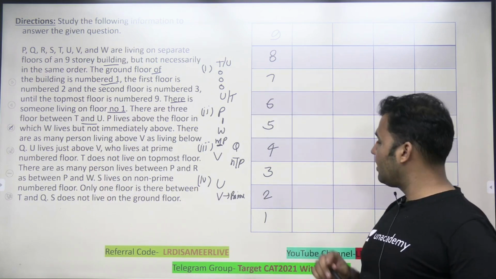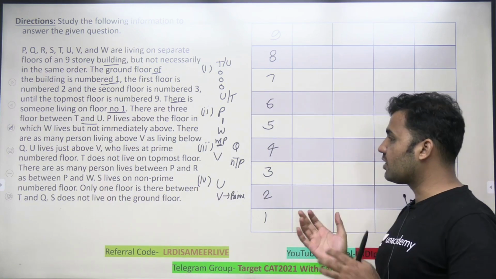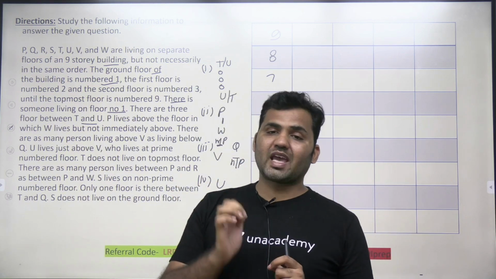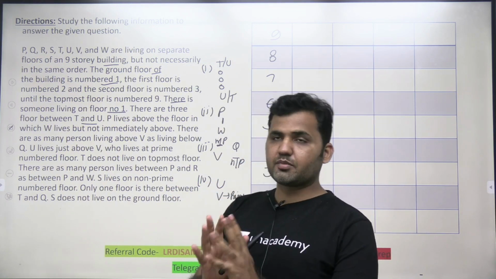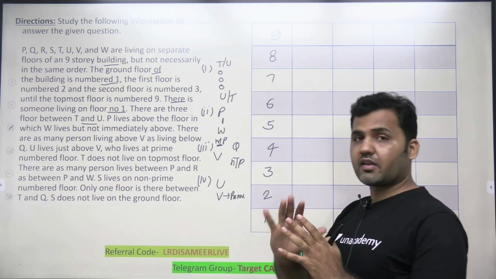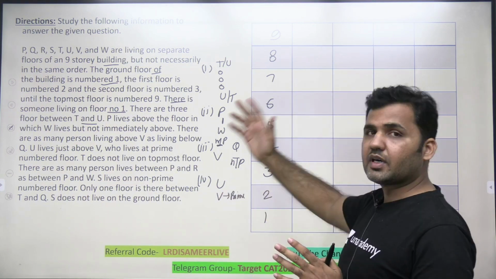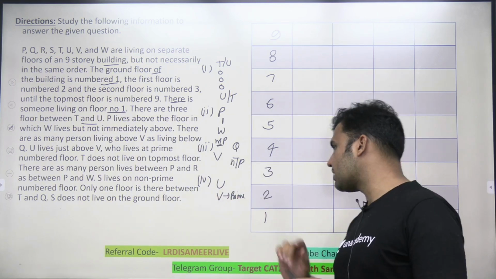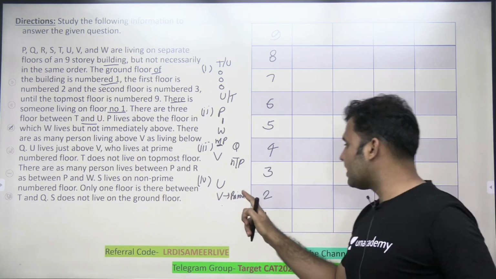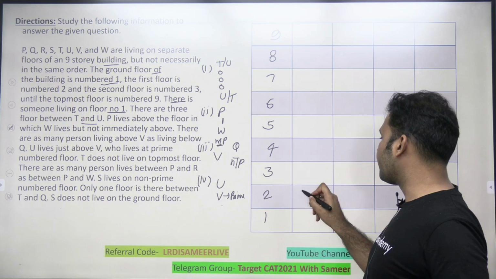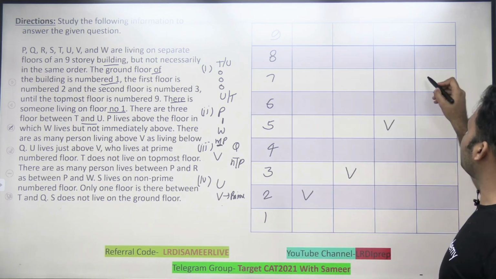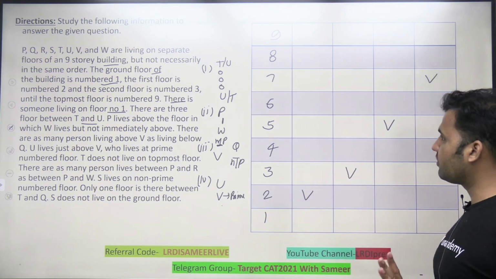We'll have to make cases, because there is no information telling us the exact floor of any person, by taking reference of which you can move further. So no direct information is given, and you'll have to use this information that V is living on a prime floor. So V is either at 2, 3, 5, or 7. These are the only options for V.